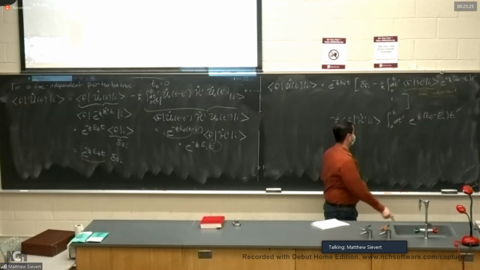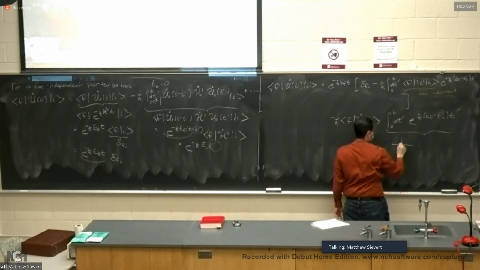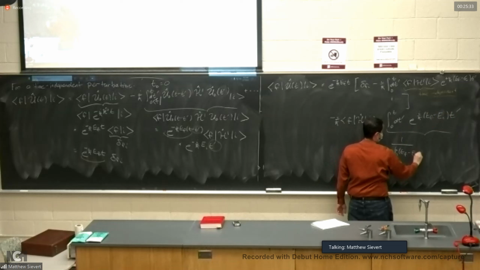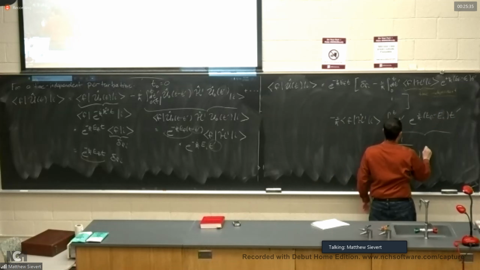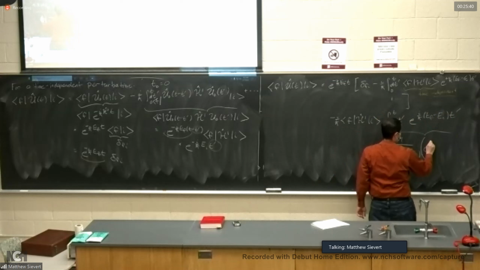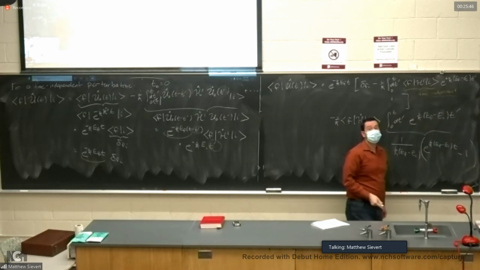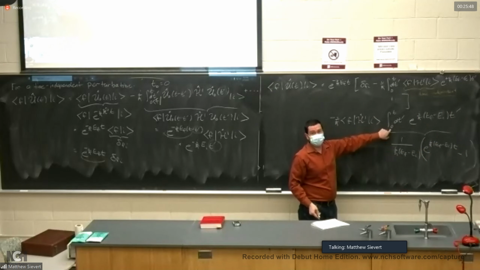And I can do this integral. This is straightforward. So this is 1 over this factor, i over h bar, E final minus E initial, times that phase factor evaluated at the limits. So this is e to the i over h bar, E final minus E initial times t, minus 1, because here I chose my initial condition to be at t equals 0.